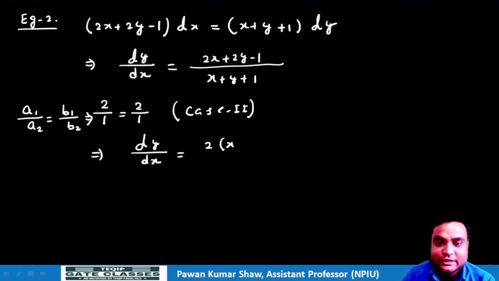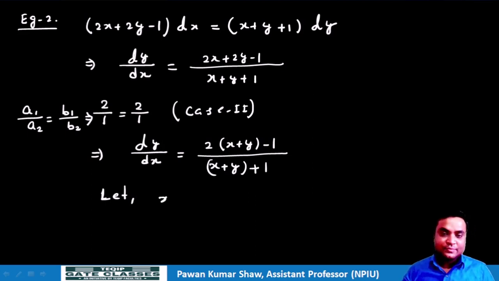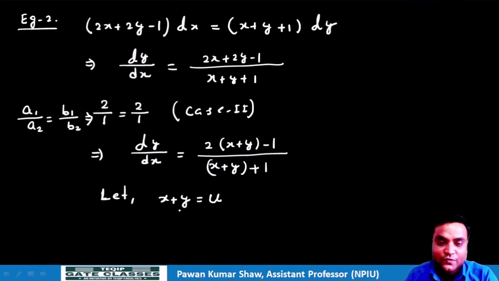So that differential equation, dy by dx, we can write by taking the common 2, that will be 2 times (x plus y minus 1), and in the denominator x plus y plus 1. Now we can take the substitution: x plus y we will take as a new variable, that is u, and we can convert the problem in terms of u and x, and we can apply our method of separable variables.